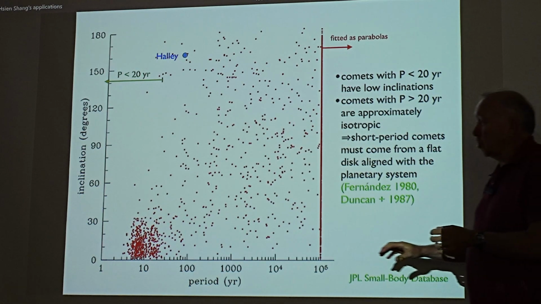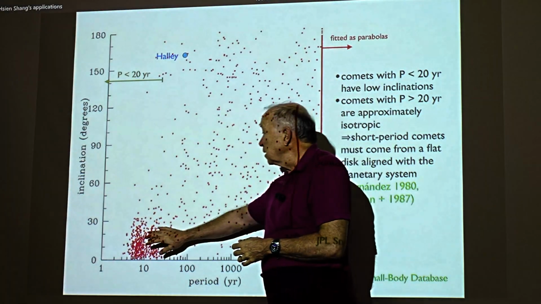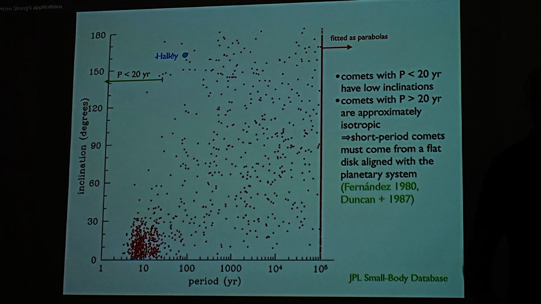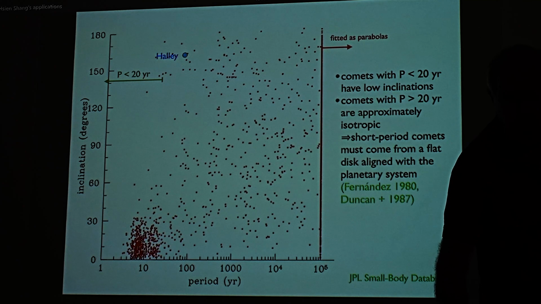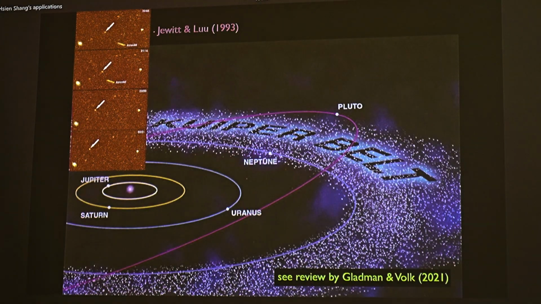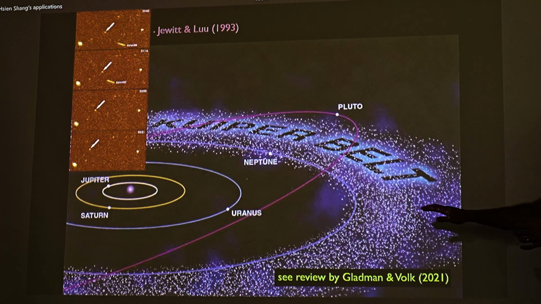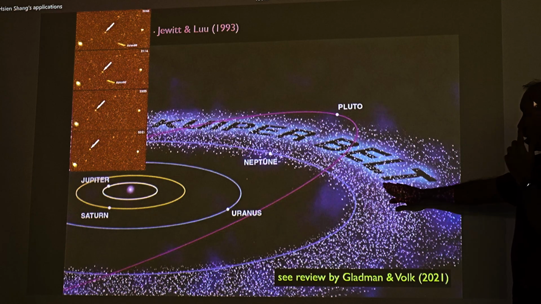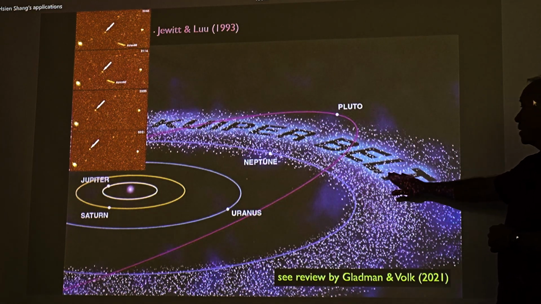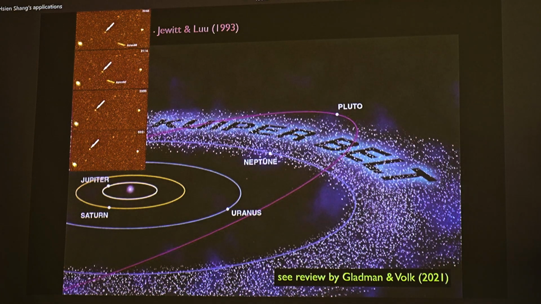That was actually a theoretical prediction made in the 1980s, which was verified in the early 1990s when Jewitt and Luu discovered the first object in the Kuiper belt, a belt or a disk of comets starting roughly at the orbit of Neptune and extending out to about 50 astronomical units.